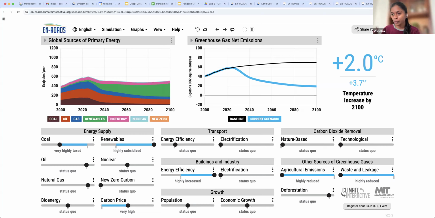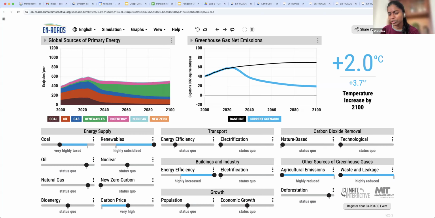And between transport and buildings and industry, the latter would have had a little bit more of an impact. And like Dan mentioned, it was surprising that electrification didn't have too much of an impact when we increased both efficiency and electrification. So we only increased the energy efficiency bit for buildings and industry. And then we were playing around with a lot of the other levers. We tried carbon dioxide removal, deforestation.